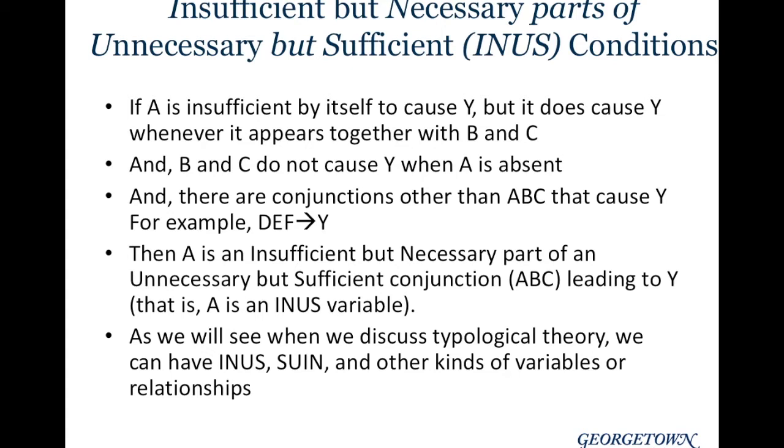We'll see when we talk about typological theory, this is just one kind of complex relationship. We could also have SUIN, sufficient but unnecessary parts of insufficient but necessary conditions, and we can have other types of relationships as well. I'll explain SUIN when we get to typological theorizing.